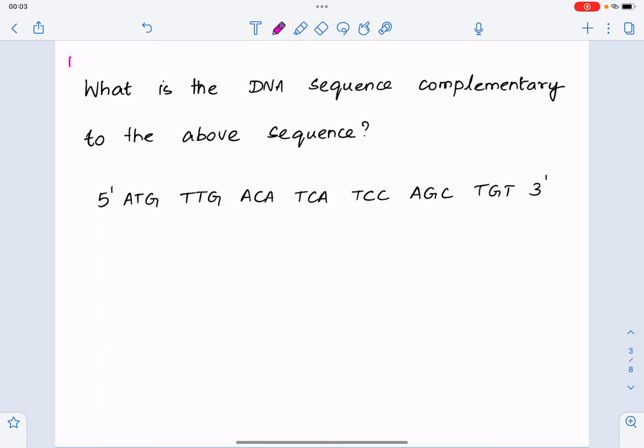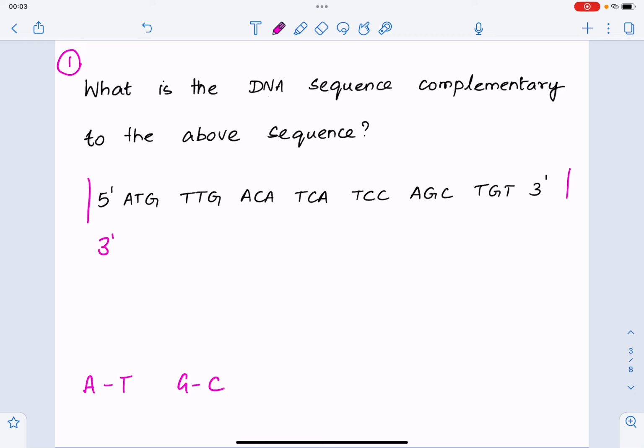The first question which was asked is: what is the DNA sequence complementary to the above sequence? The above sequence is from the 5' to 3' direction. So let's find out the complementary sequence. We all know that adenine pairs with thymine and guanine pairs with cytosine. So let's start writing the complementary sequence, from the 3' to 5' direction.